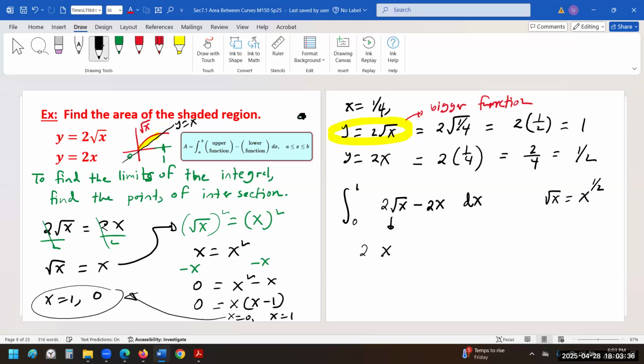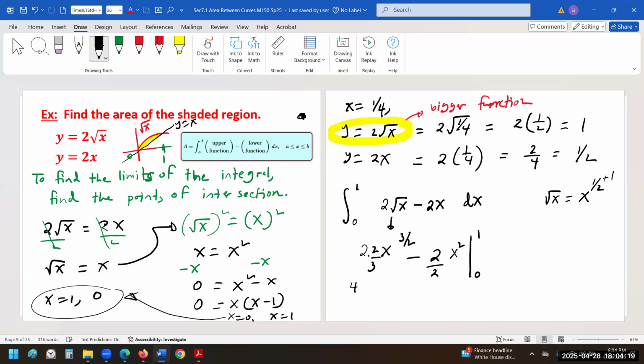So what is its antiderivative? You add 1, you get 3/2. So x to the 3/2, and then divided by 3/2 means multiplying by 2/3. And then the next one, antiderivative of x: x squared over 2. And it's definite, so from 0 to 1.